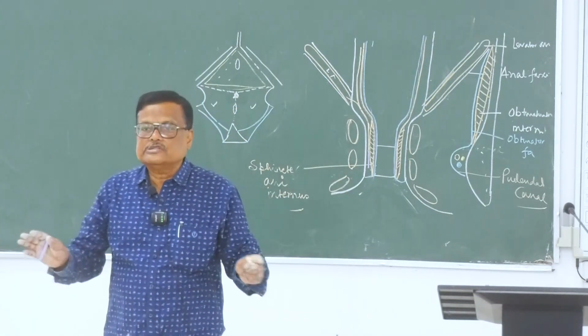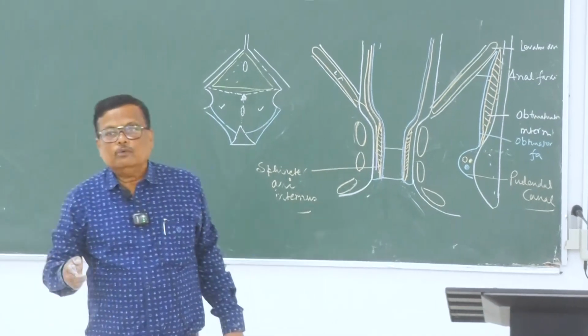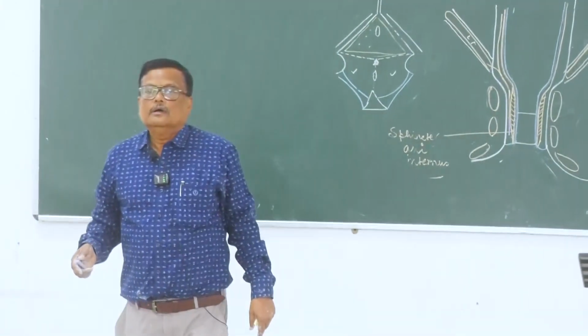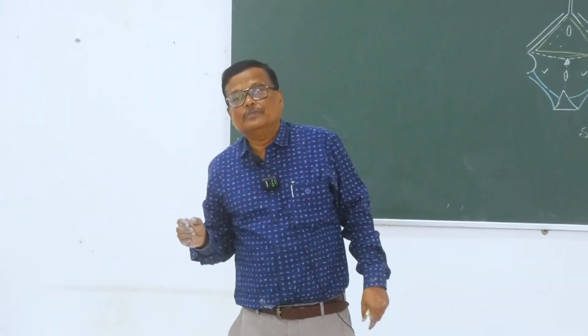হয়ে গেল, no muscle in the lower part, and we call it conjoint fibroelastic septa.